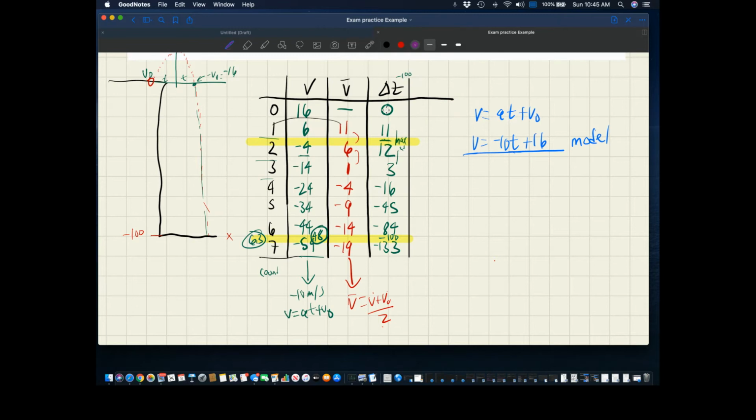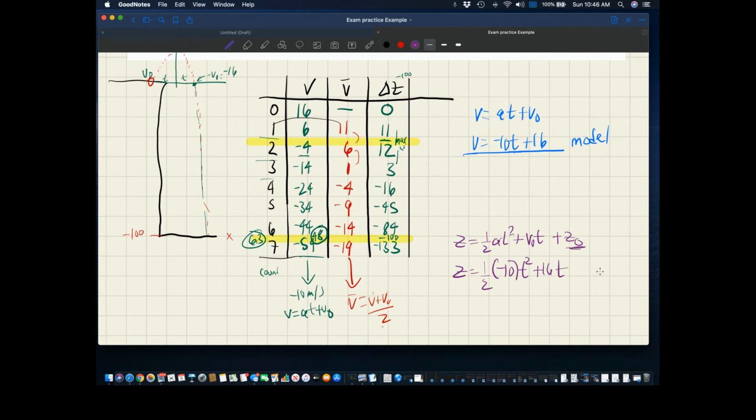Now, if we move on to our position equation, z equals 1/2 at squared plus v0t plus z0. Acceleration's minus 10. Our initial velocity is 16.